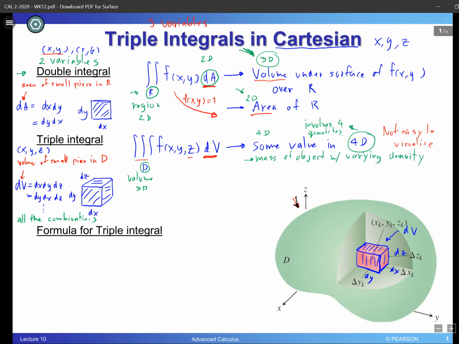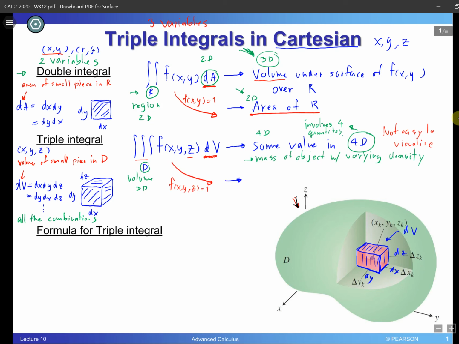And we can also do the same thing as what we did up there. We can set this function value to be equal to 1, just like above. This f of x, y, and z can be set to 1, and it's going to correspond to something similar to this, area of R. But this time around you add one more dimension to everything.